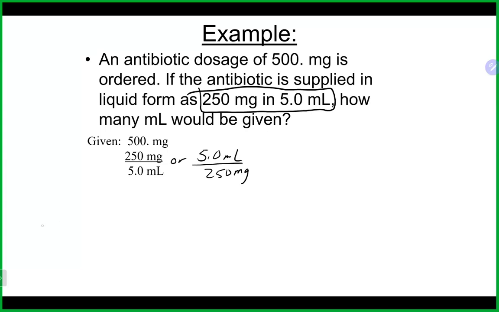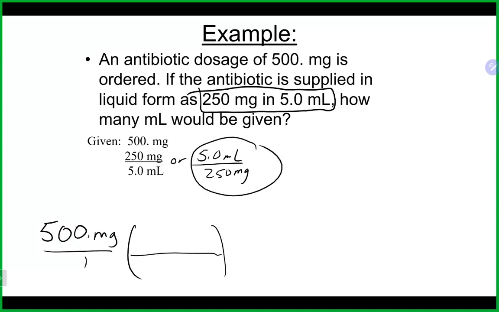So again, we're going to set it up with dimensional analysis here. 500 milligrams. Again, it is basically over 1, so the milligrams are on top. Makes my decision making pretty simple. I just need to use the one here on the right since it's in the opposite location. We want to get rid of the milligrams. So we'll go 250 milligrams on the bottom, a little 5.0 milliliters up on top.